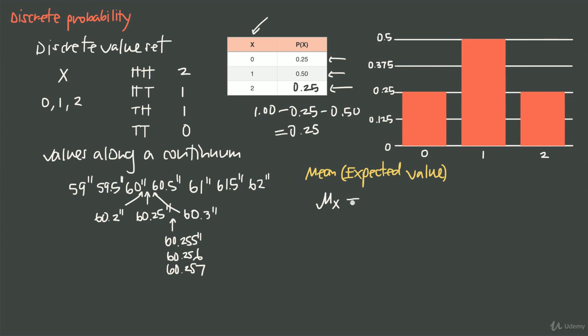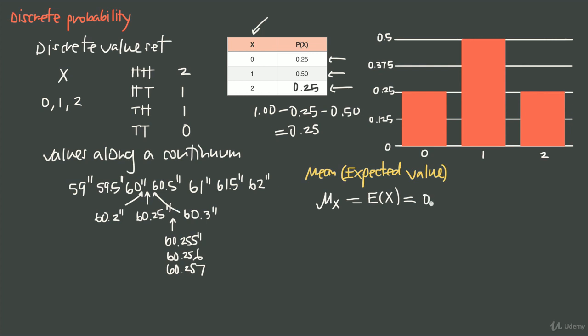We could also express that as E of capital X, or the expected value, is going to be equal to, and all we do here is we multiply these two values together. So we say 0 times 0.25, we say 1 times 0.5, and we say 2 times 0.25.